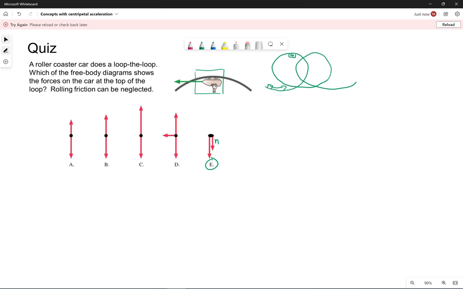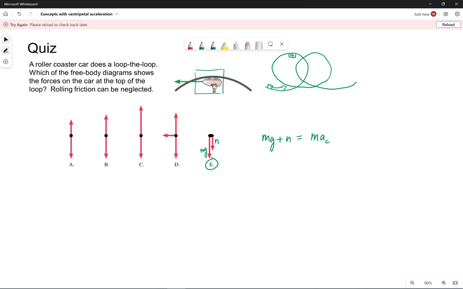A normal force. The surface will always push perpendicular to the surface. The force of gravity, of course, is downwards. It's those two together that are creating the centripetal acceleration.